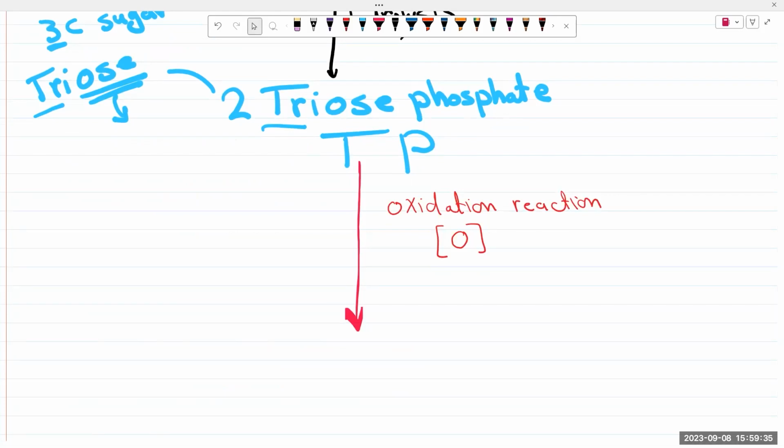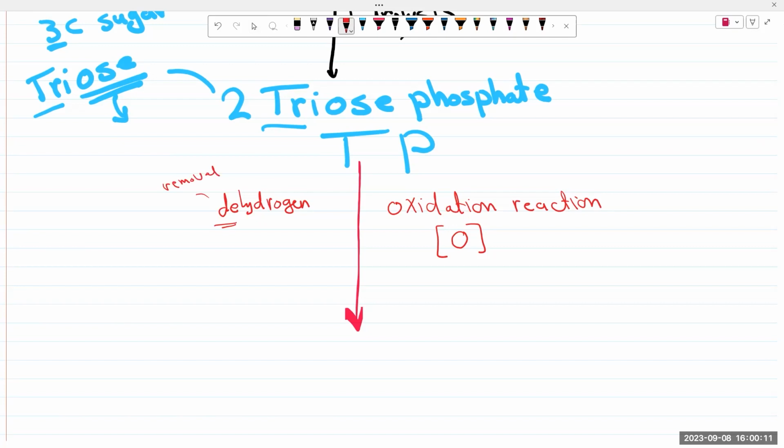Okay, loss of hydrogen inside living cells, will it be easy? Will it be lost by itself? No. It needs an enzyme. So this reaction needs an enzyme called dehydrogenase. De means removal, hydrogen, removal of hydrogen.